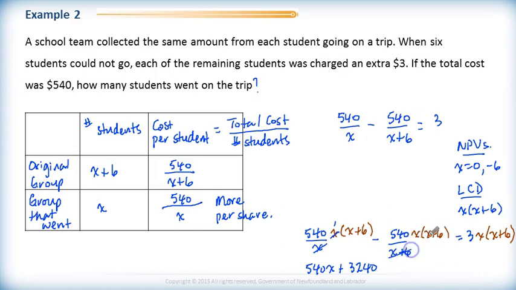Here, my x plus 6's will divide off, and I have minus 540x. Well, that's kind of nice because these two terms cancel out. And over here, I've got 3x squared when I distribute plus 18x.